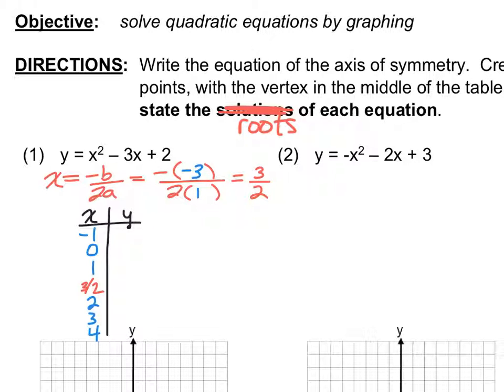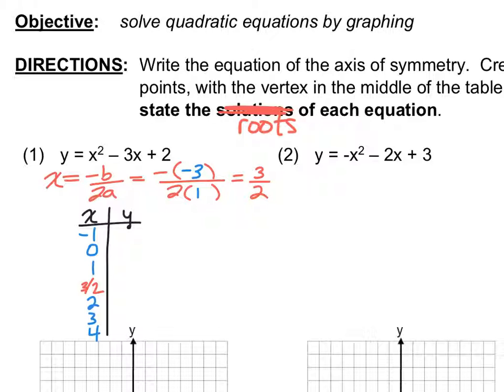All right. So what I need now are the values associated with these entries in the x column. So I'm going to go into my y equals. I'm going to go into my table and you'll see that 3/2 is not there.